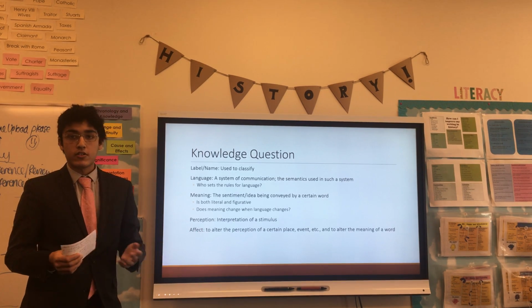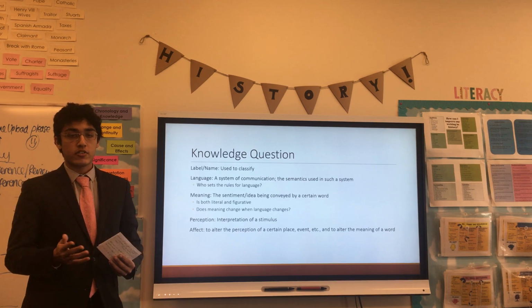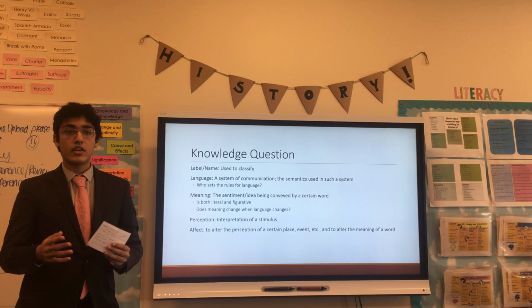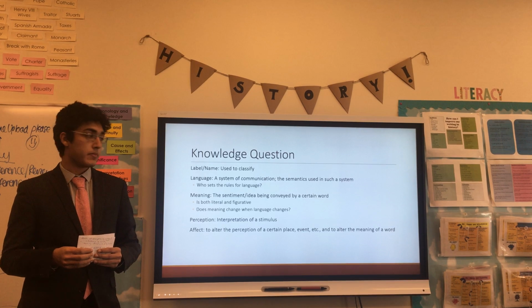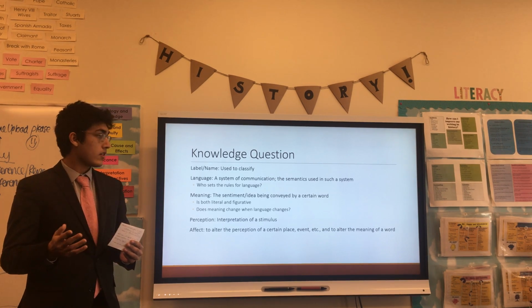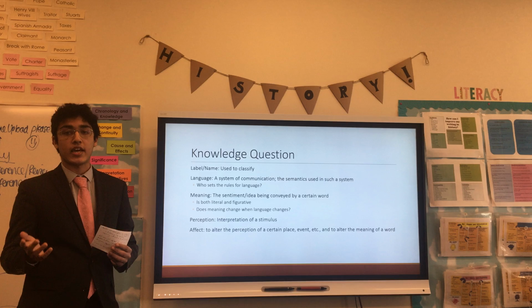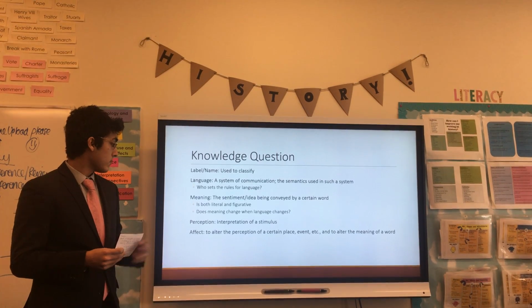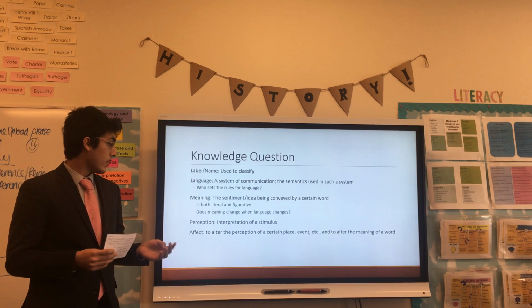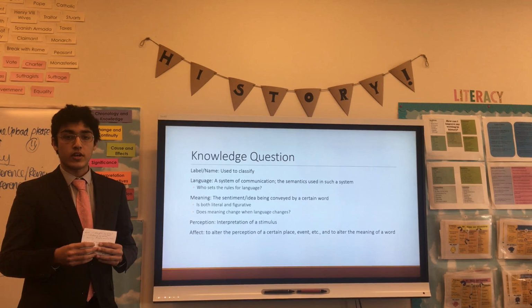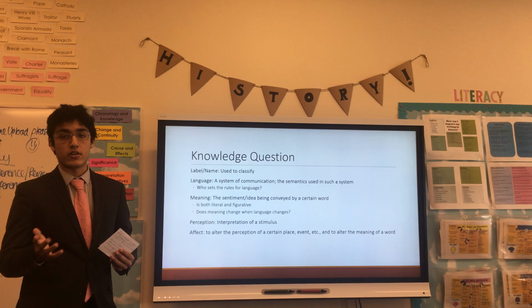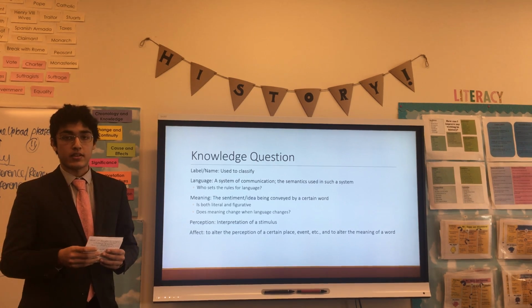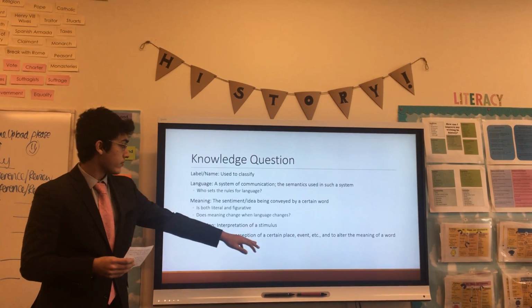Meaning can be both literal and figurative. Like Mumbai literally means the city of the goddess of fishermen, but to the residents of Mumbai it means more than that because they associate it with other parts of their lives as well. Perception is how we interpret what a particular word or phrase means in this context.